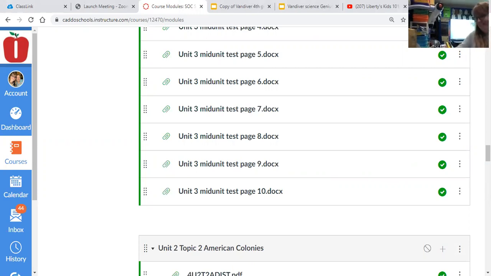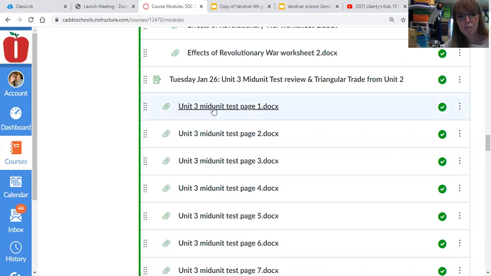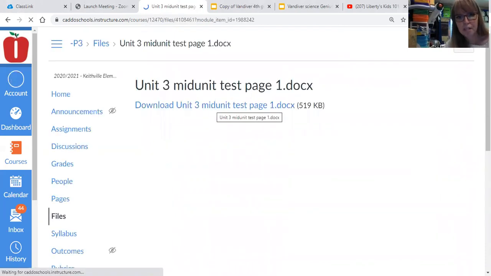Back again. Okay, so let's get to test page 1.